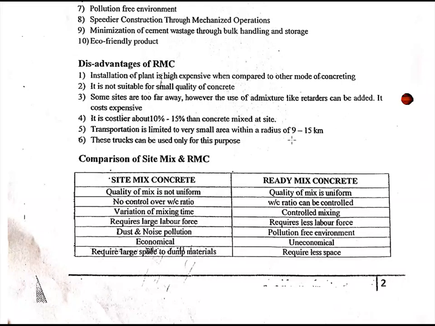It may be required at first floor, second floor, or third floor, or even maybe 10th floor. We can pump the concrete from the transit mixer directly to that site. So that is one advantage. But if you travel longer distances, this concrete is going to get hardened. So it will become very difficult to manage. So that is one disadvantage.